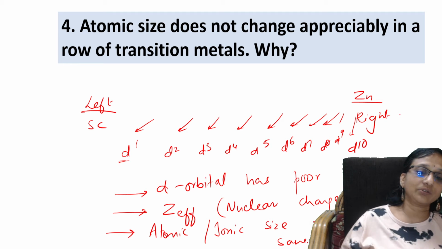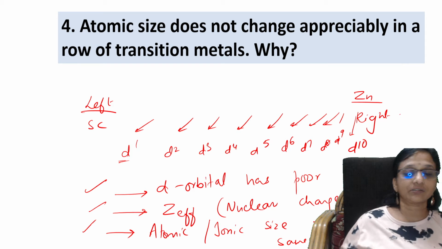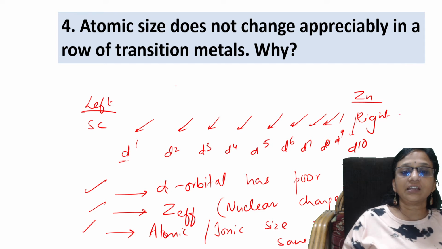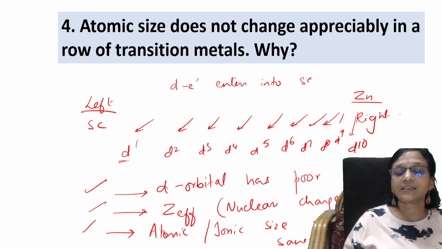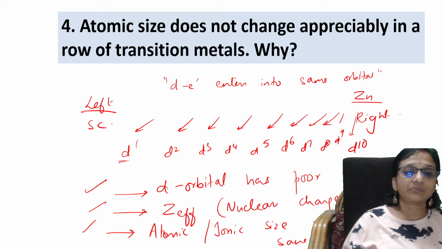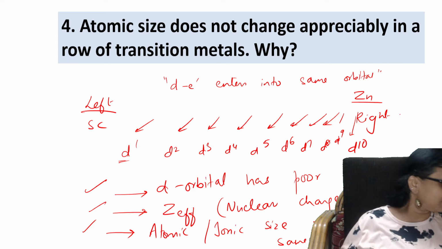Remember that. So you can write these 3 points perfectly. You can start your answer: the d electron enters into the same orbit, keeps entering into the same, so size from left to right decreases.